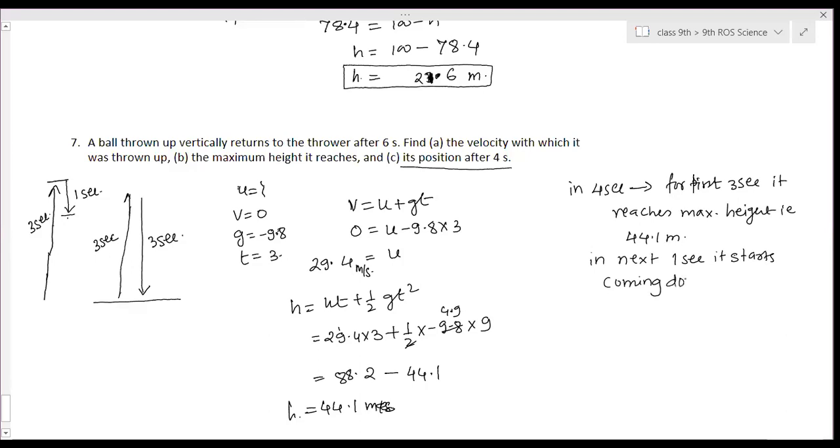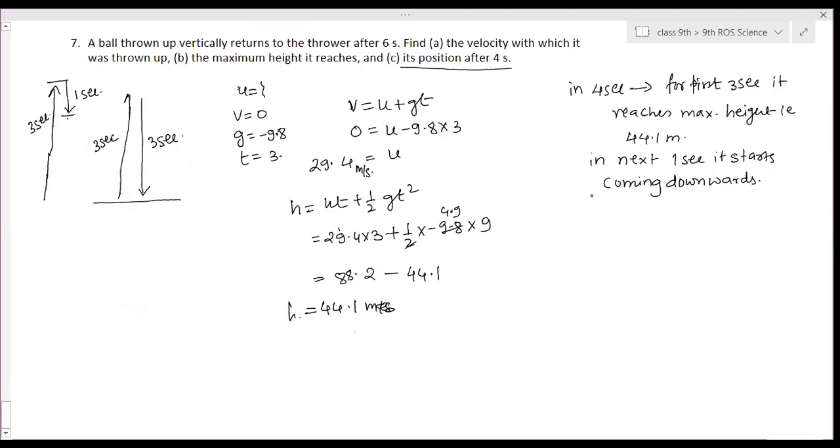Ma'am, are we going to use the unitary method? No, unitary is not possible in this one because every time the velocity is different. So we will have to calculate the distance covered in 1 second downward.